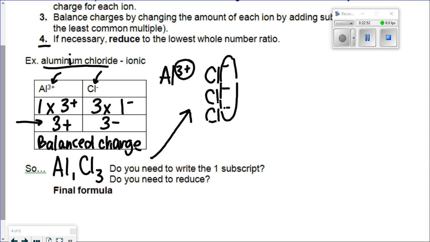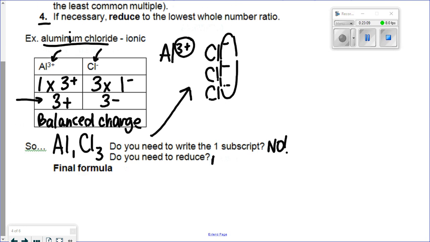But you don't actually need to write that little 1 that's there. It's really redundant and it can make it wildly confusing. So don't write a 1 in if you only needed 1 of a substance. We always assume that there's 1 of something if we've written it there. We don't need to reduce it either because you can't reduce 1 and 3 anymore. So our final formula will be AlCl3.